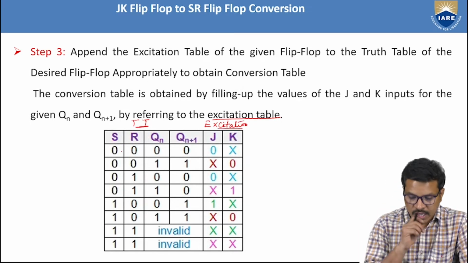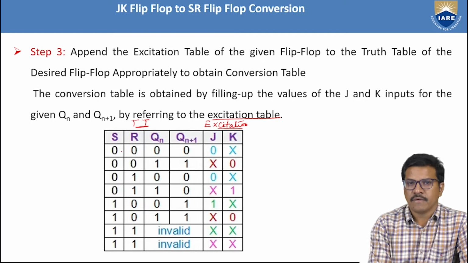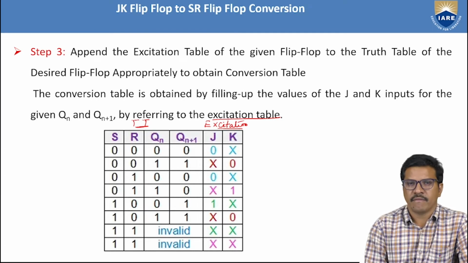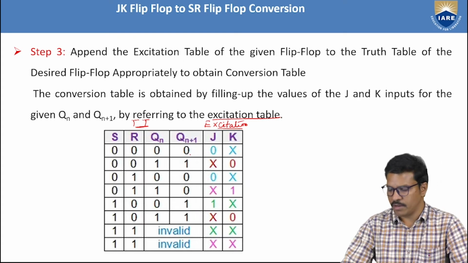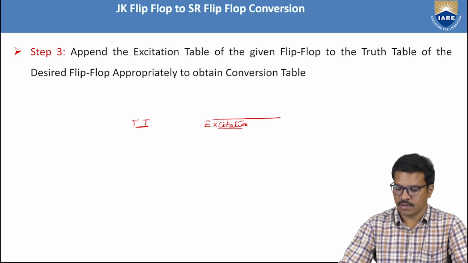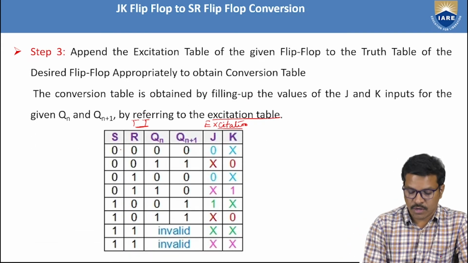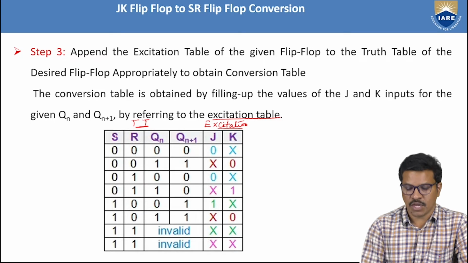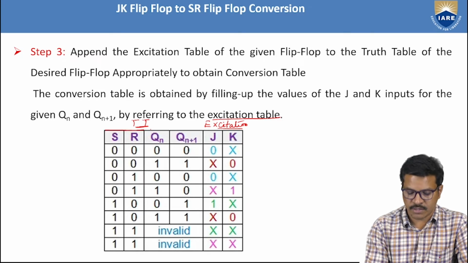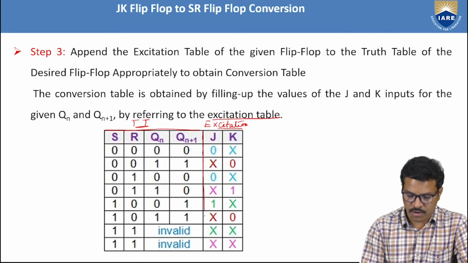So what are all the possibilities in the SR flip-flop? So I am considering it on the left side. Take the same table. Previously we have seen that. All this is nothing but the truth table. This box represents the truth table.